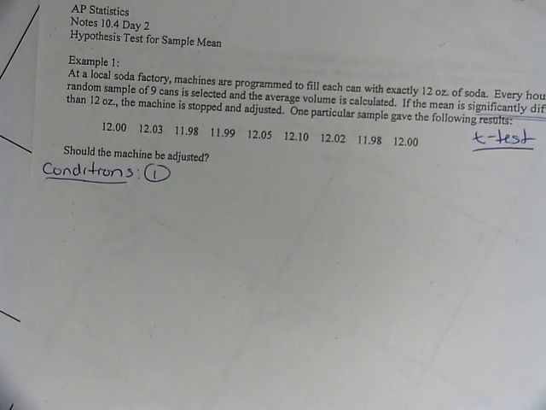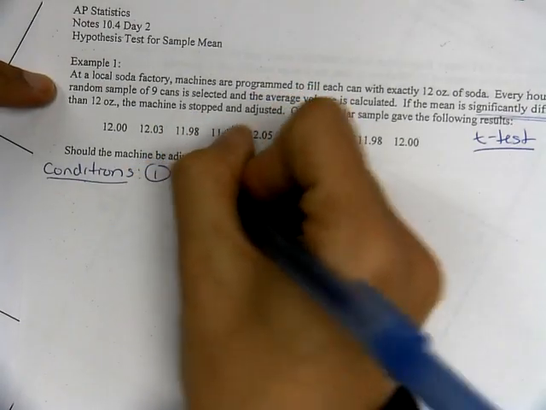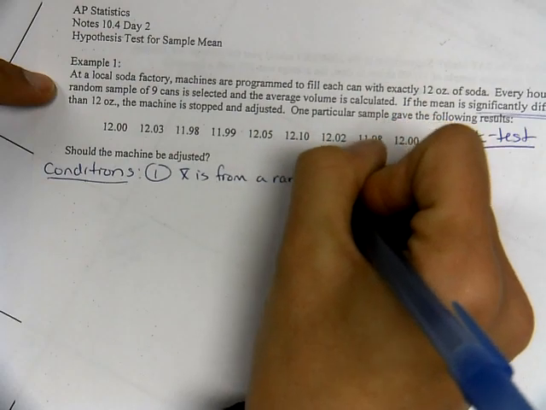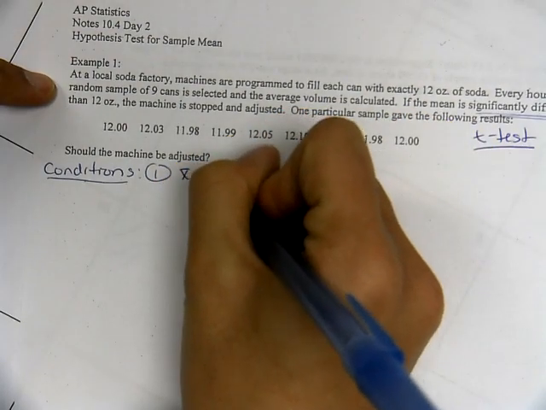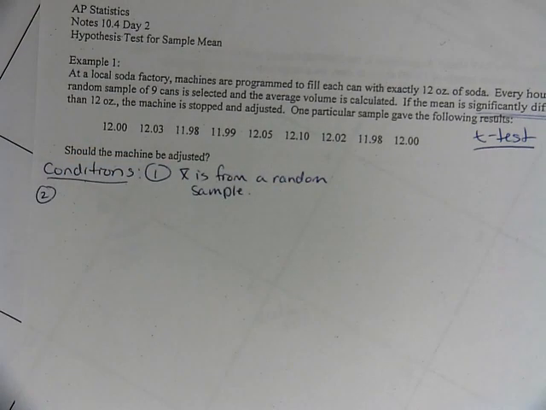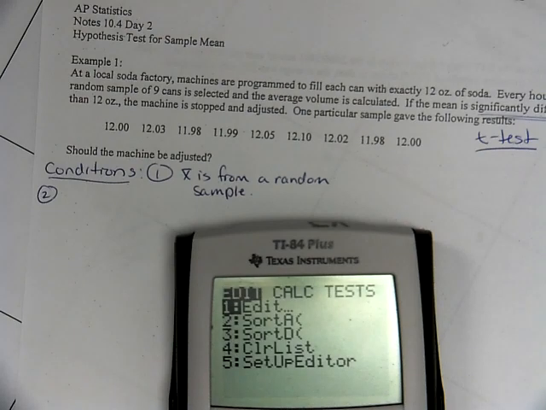First one, do we have a random sample? Yeah, we're good. X bar is from a random sample. Now condition 2, you don't have n greater than 30, but we're given data.